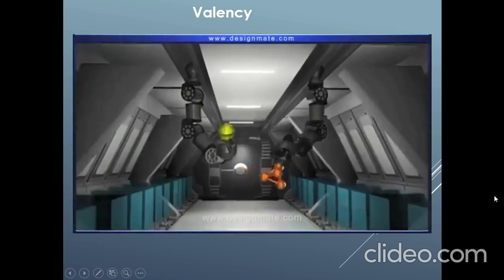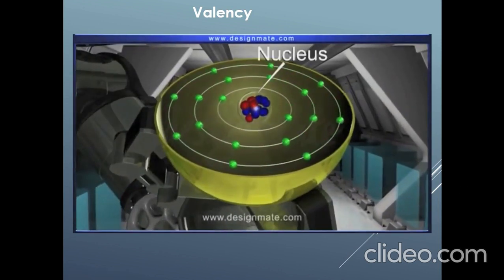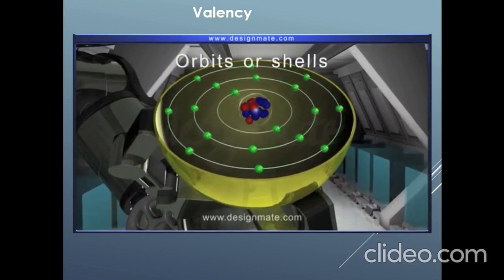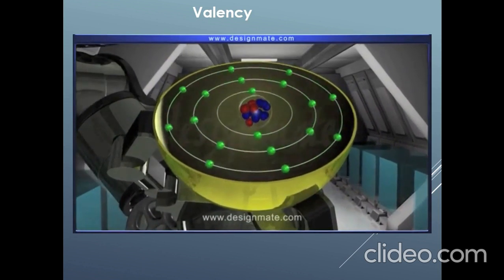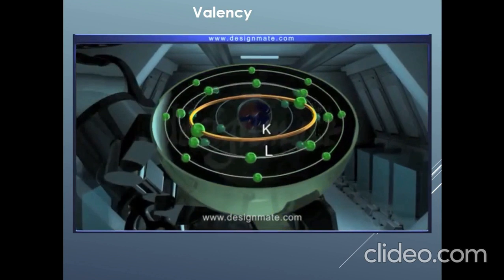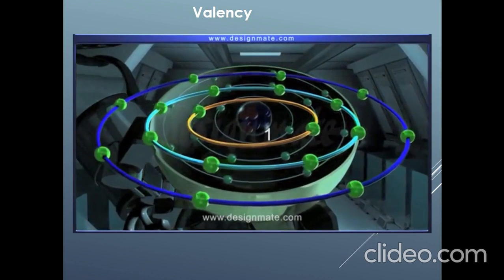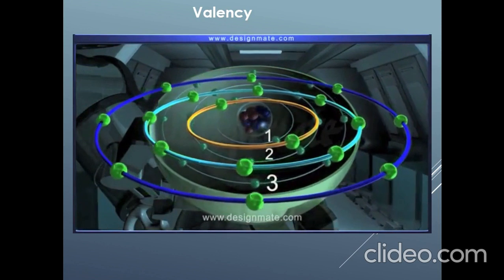Electrons in an atom are arranged in a region around the nucleus, called energy levels, orbits, or shells. These orbits are represented by letters such as K, L, M, or by numbers 1, 2, 3, and so on.